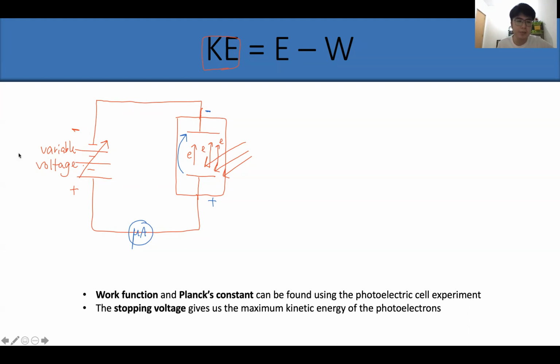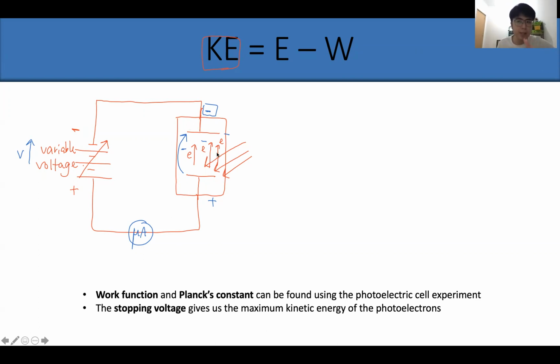Because as this voltage increases, this negative terminal will start to repel the electrons, because electrons also have negative charge, right? As they try to move to the plate, this negative gets stronger, with higher potential, and at some point it can stop the electrons from reaching the plate. Understand?